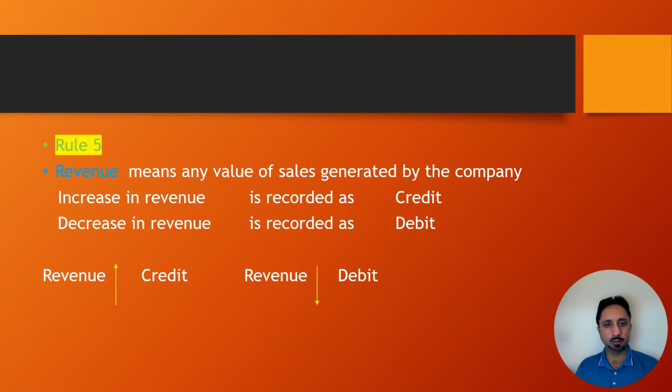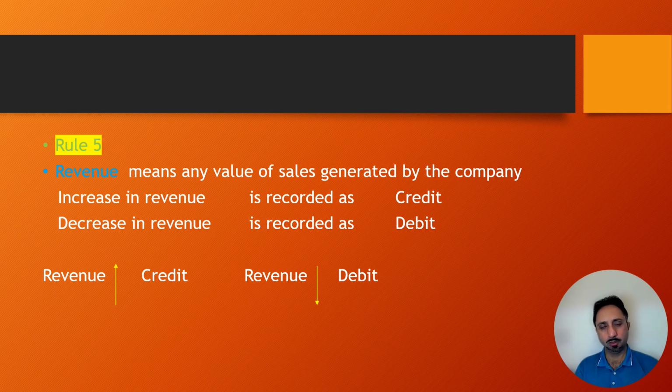Rule number 5 says when there is increase in revenue, it has to be credited, and when there is decrease in revenue, it has to be debited. Now rule number 5 is similar to rule number 3, where increase in capital is recorded as credit and decrease in capital is recorded as debit. And there is a reason why, because revenue is considered to be part of the capital.